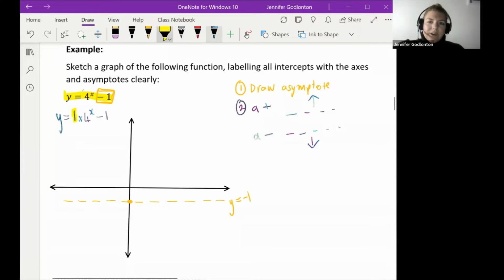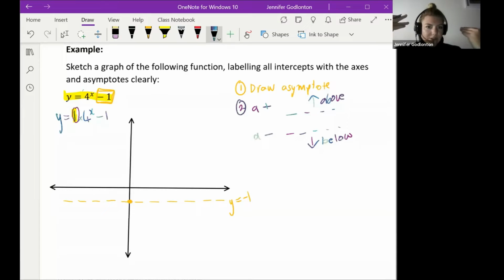So if I was sketching this, if that's my asymptote, my graph is either going to go like that or like that, but it's going to be above my asymptote. This is just indicating where our graph is going to be. So if a is positive, it's above the asymptote, and if a is negative, then it is below the asymptote. That's just for us to know.